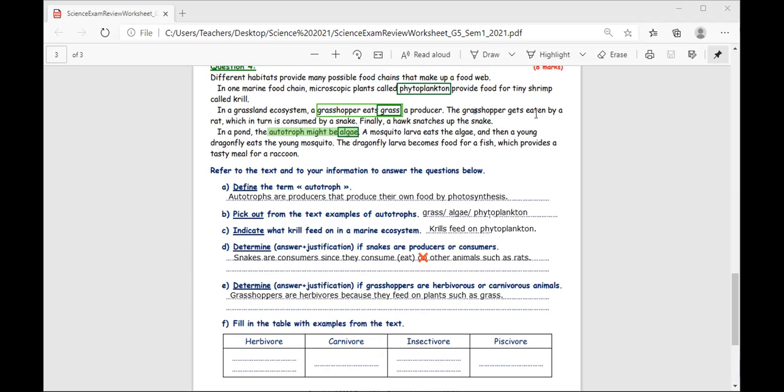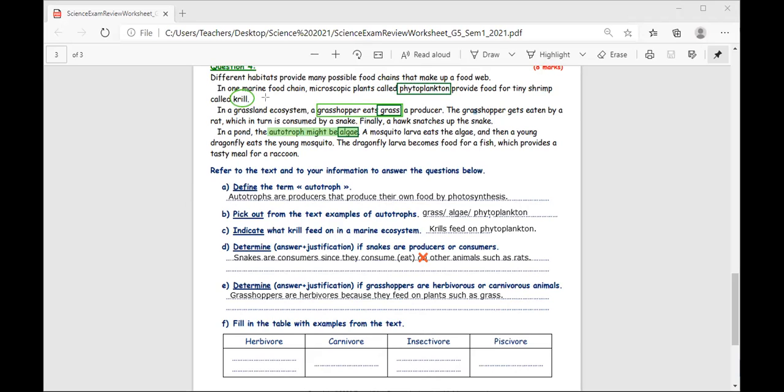Last question. So you said that herbivores are animals that feed on plants. Which animal eats phytoplankton? The krill. This is the first herbivore.